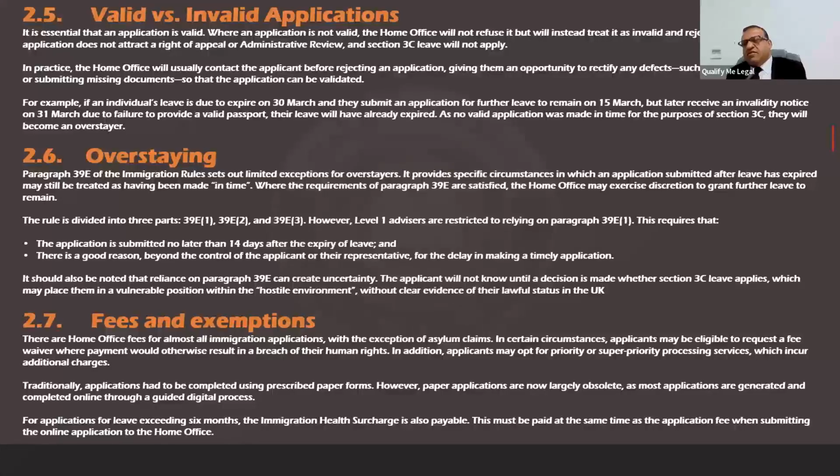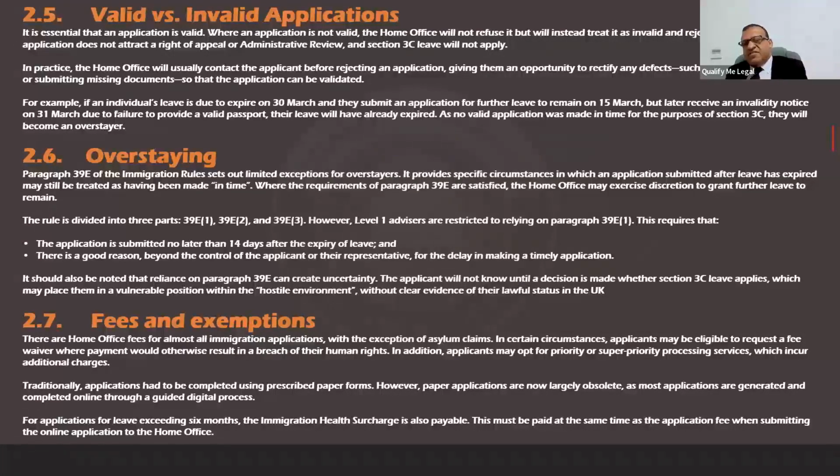It's always on you to satisfy the Home Office why you did not apply on time, before the expiry of your visa. So as I told you, you have to apply within time. If you don't apply within time, you can still get protection under paragraph 39E.